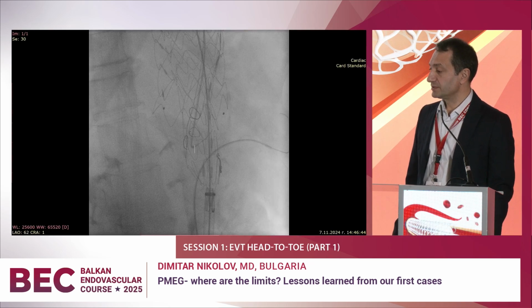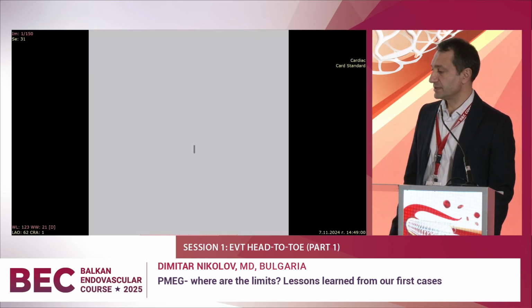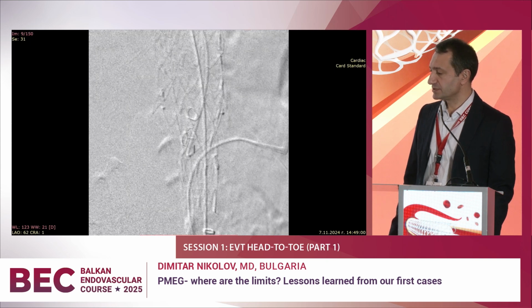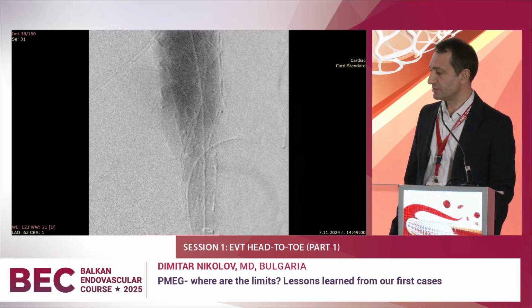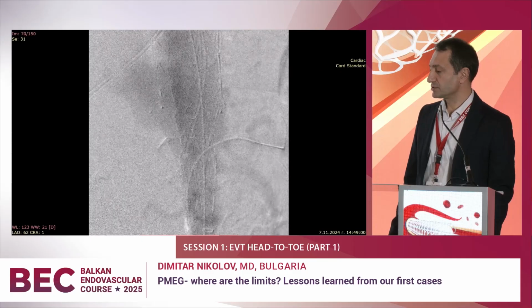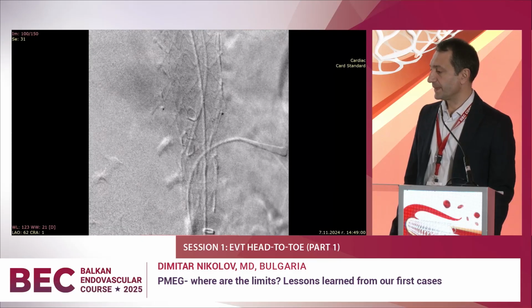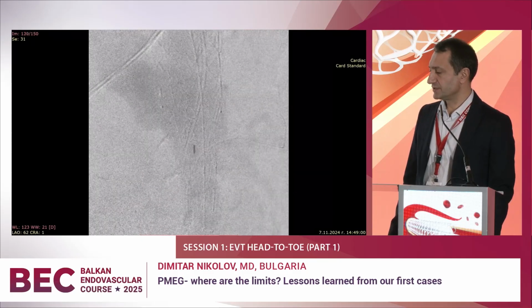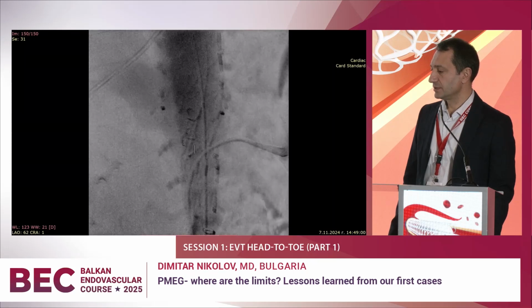At one moment we were in a situation where the lowest fenestration for the left renal artery is just in front of the superior mesenteric artery, and we also had a wire in the celiac trunk. So we decided to use this fenestration for the SMA and put a chimney for the celiac trunk.